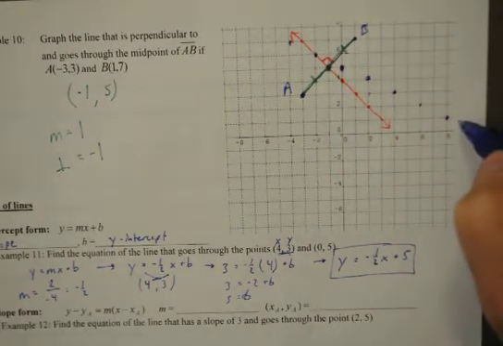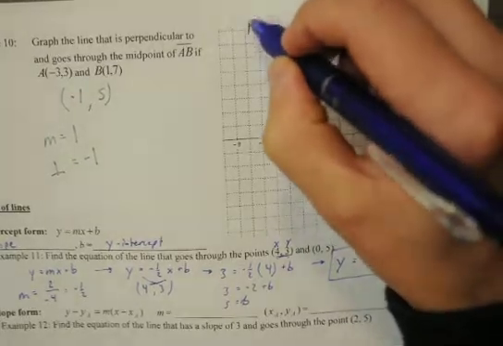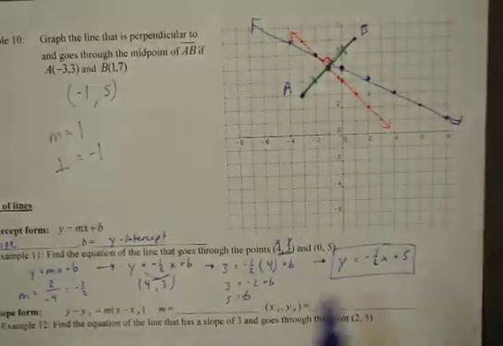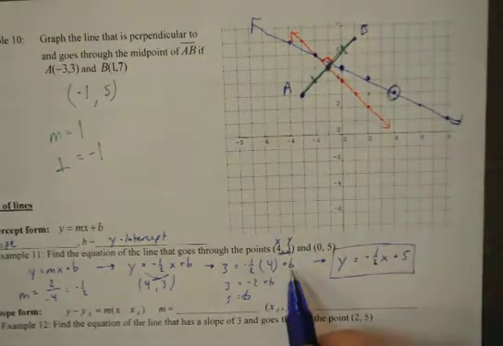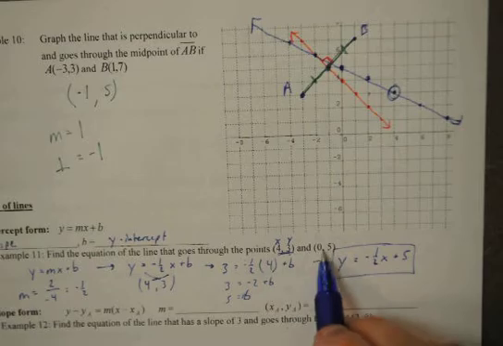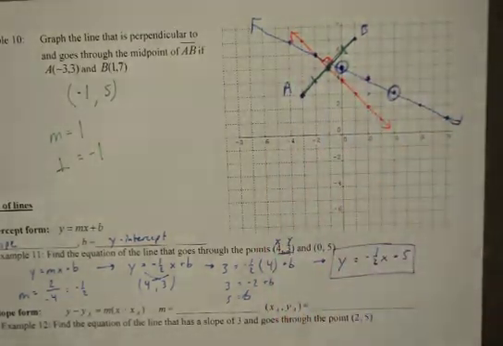And this would be our line. Now let's check. Does that line go through 4, 3? Sure does. Does that line go through 0, 5? Sure does. So that is the line we're looking for.